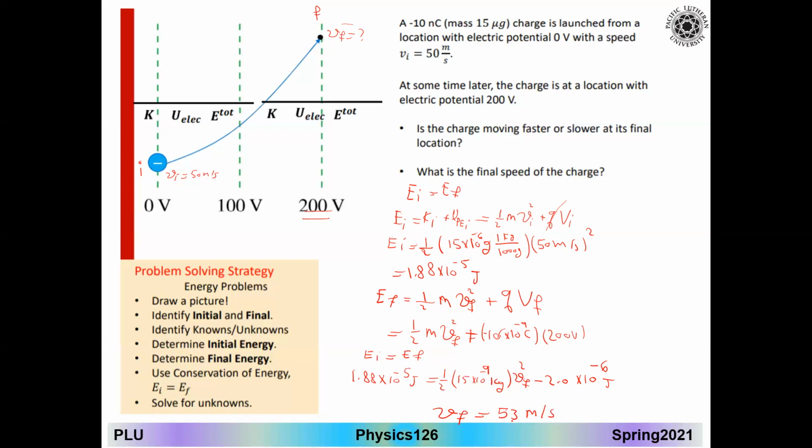So in this case, I have 53, and I have initial velocity 50. So that's obvious: my charge in that situation will be faster than the initial charge by 3 meters per second. That's the first example.